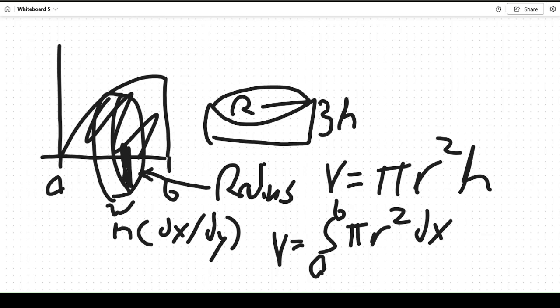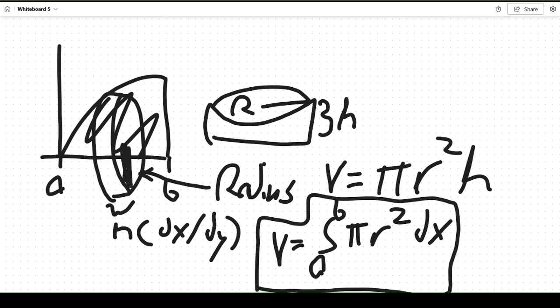So pi will be the same, the r squared will be the same, but the h is going to be either dx or dy, depending on where it lies. So this is pretty much what you need to know in order to find the volume.